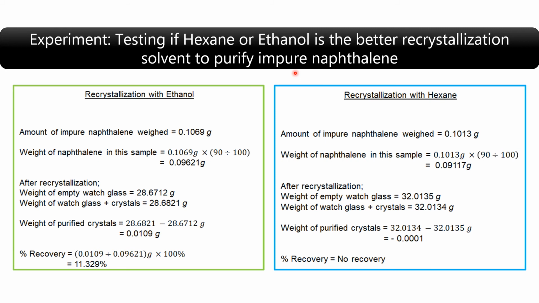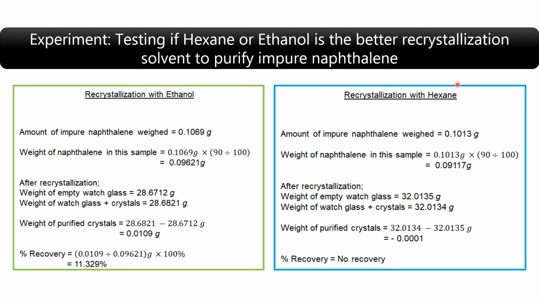So naphthalene is not soluble in ethanol at room temperature, but when we supply heat, that forces them to interact, and that is when naphthalene dissolves in ethanol. But when you cool it back, since it's not soluble at room temperature, it will start to crystallize.